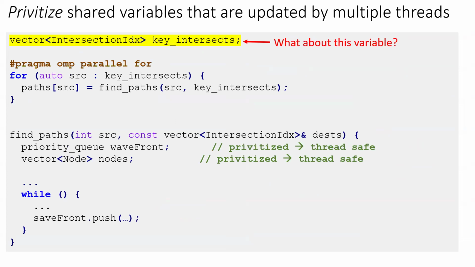What about this variable, key intersections? Can we keep it as global, or should we privatize that? Fine. Yes, because we're just reading. It's fine.